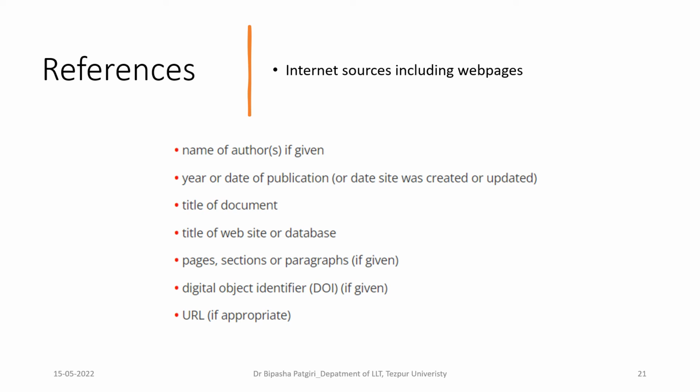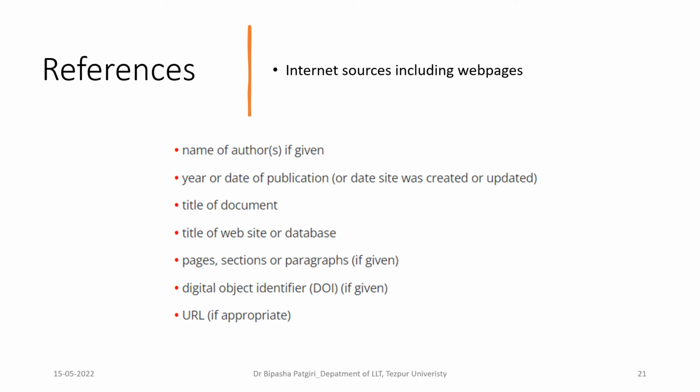These are the comprehensive details for internet sources, including web pages. Many times you must be taking information from web pages. In those cases, the name of the author, if given, is important. Some web pages like SIL don't give the name of the author on every page, but on some pages they write that this piece of article has been written by so and so.